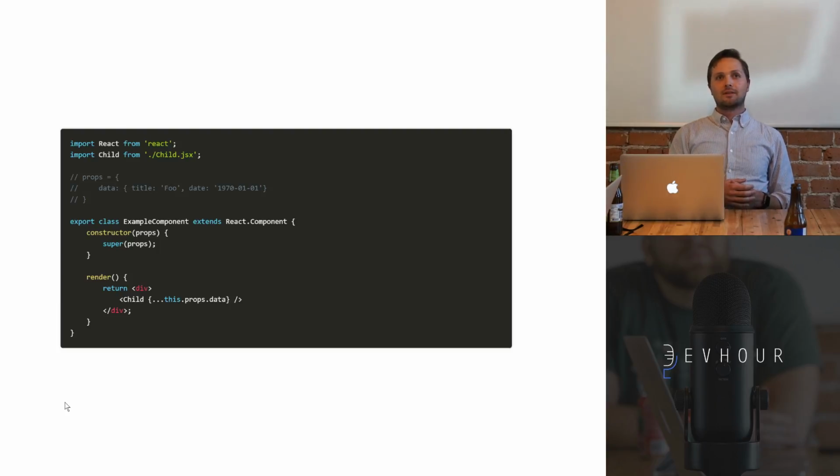They just don't care. So in this instance, we're taking the props that are passed into this example component, and we are taking the nested data attribute that's inside of the properties, and we're passing that into this child component, which is inside of our current component's body here.